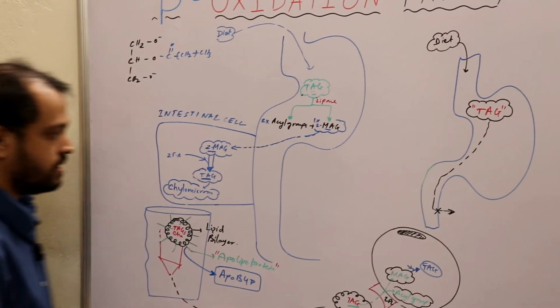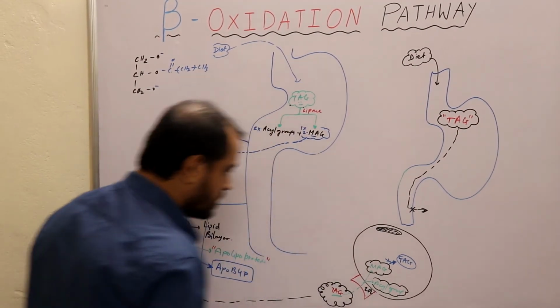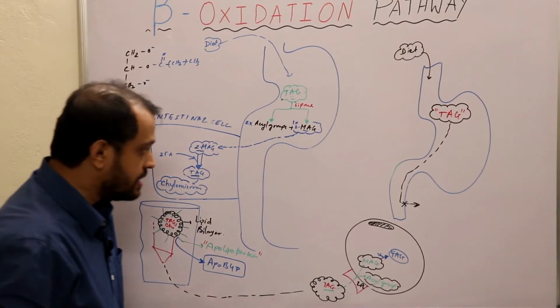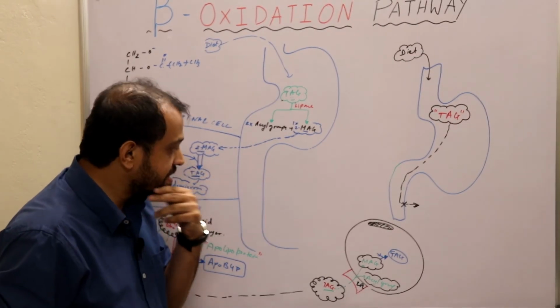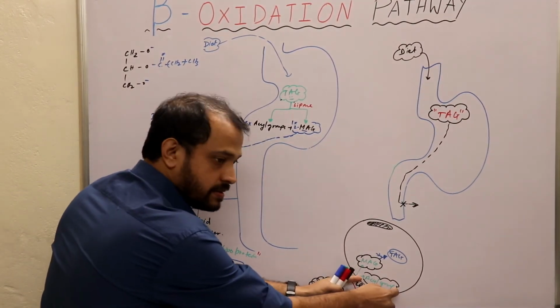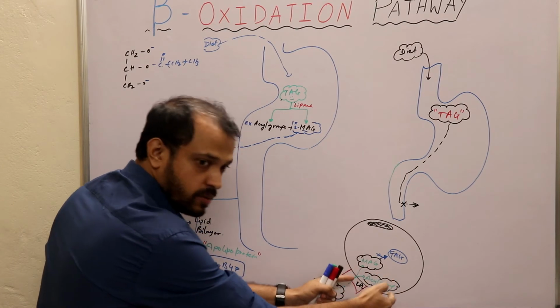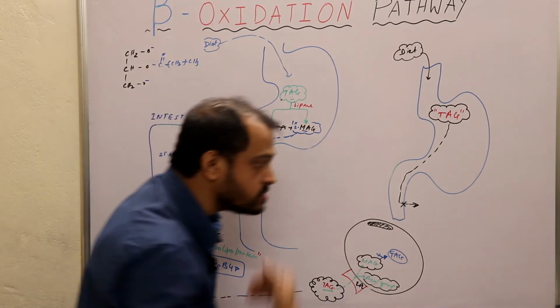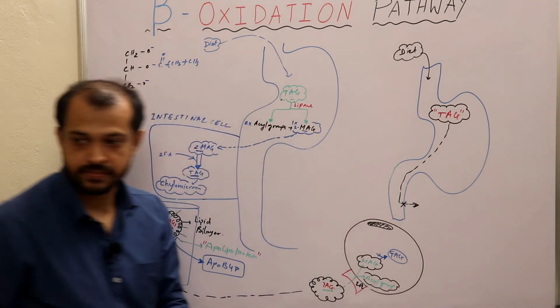Now you need to understand where beta oxidation is taking place. The first thing you need to understand about beta oxidation is this: these acyl groups are actually oxidized to produce ATP.